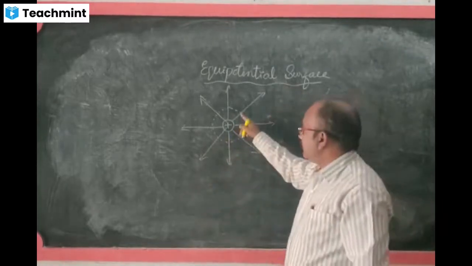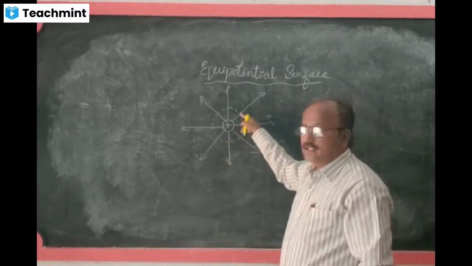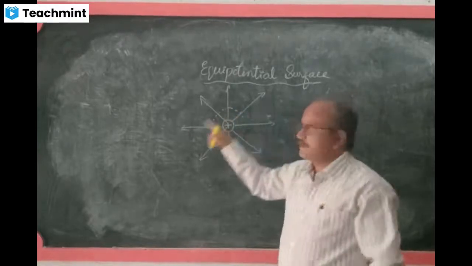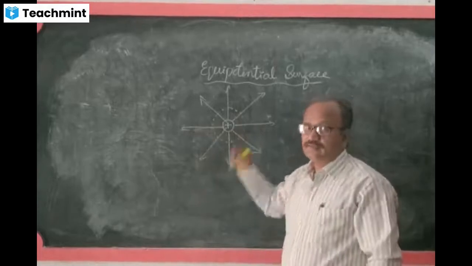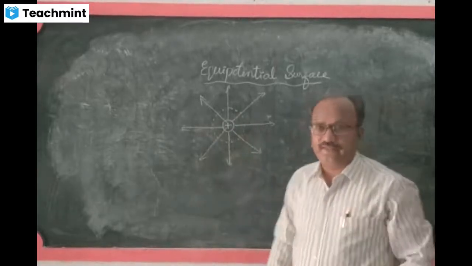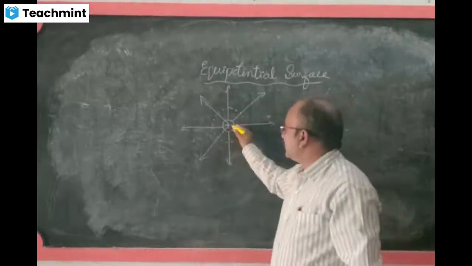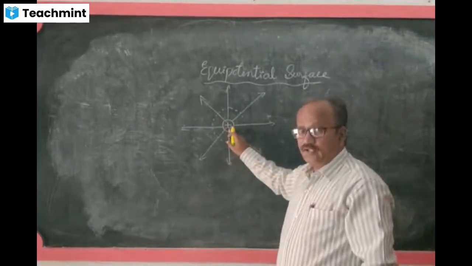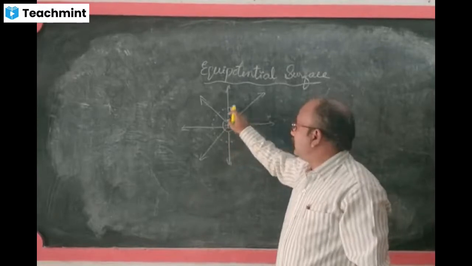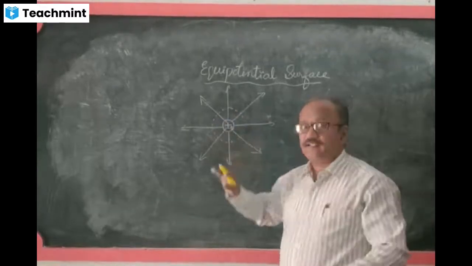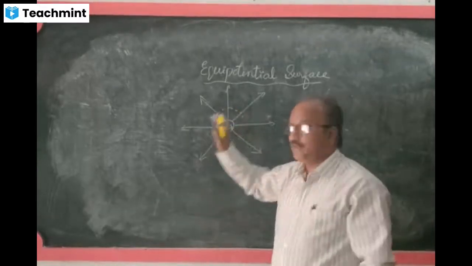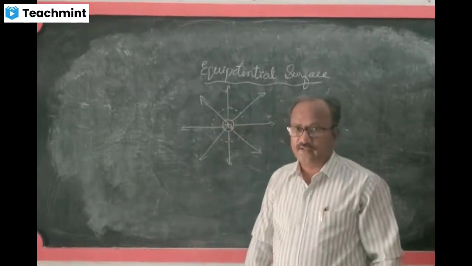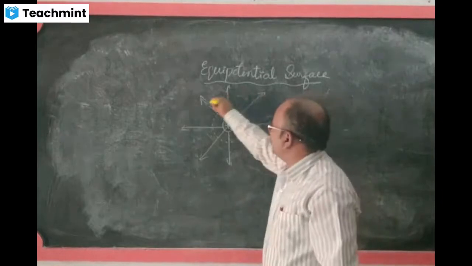Then the potential at this point or any point on the circumference of this dotted circle is the same from this charge. Let us take a positive charge. So the electric potential due to this charge at any point on this circle is the same, then this surface is called an equipotential surface. Similarly, you can take another surface.